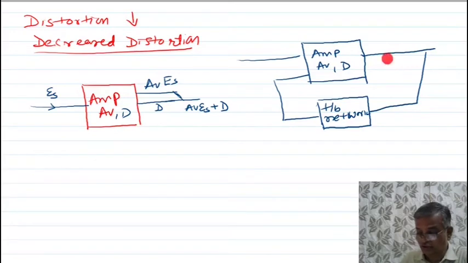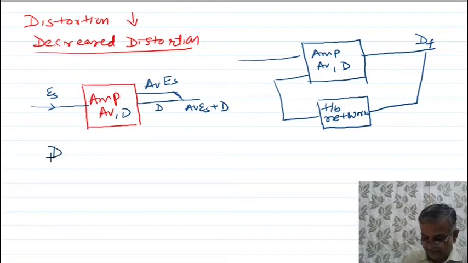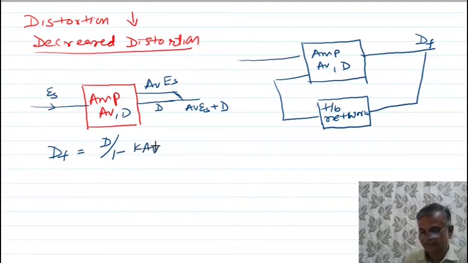Suppose the distortion of this entire circuit is DF, then this DF will be nothing but D upon 1 minus KV. So distortion decreases if I give negative feedback.